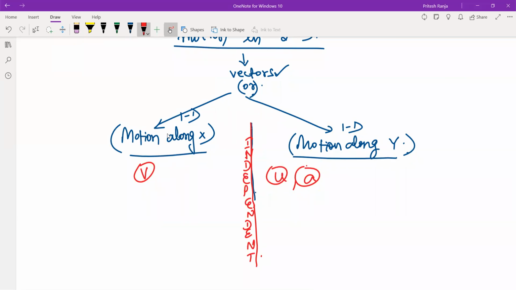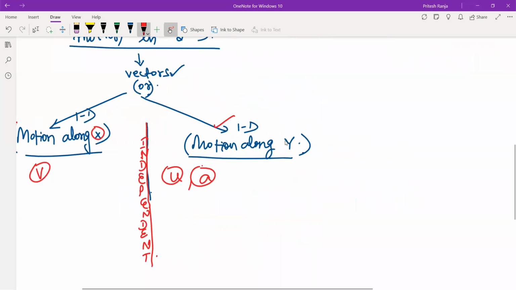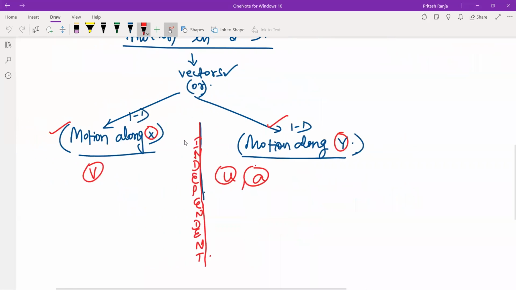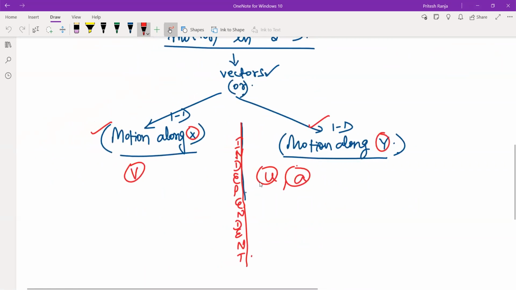You have to deal with two one-dimensional motion, motion along x and motion along y separately. Separately means if you have these parameters along y, you cannot find v along x. Using this, you can only find v along y. Only thing is that time in both the cases will be same.